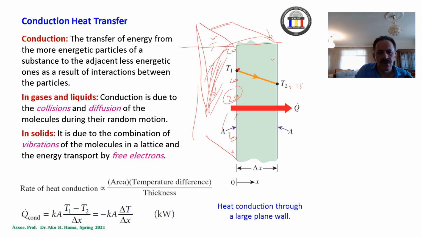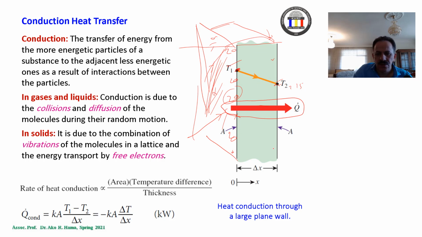So what will happen? The heat will be transferred from this point to that point by means of conduction. This is called conduction. Conduction means this will be the direction of the heat transfer: from the higher temperature value to the lower temperature value.